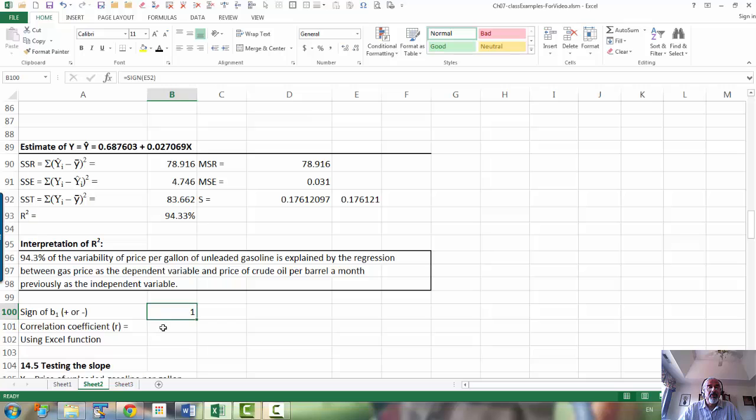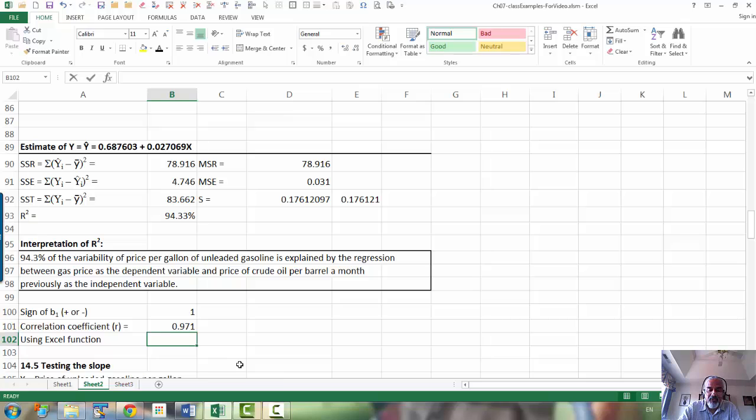Then the correlation coefficient is the sign multiplied by the square root of R squared, which gives the correlation coefficient between unleaded and crude oil price lagged by 1.